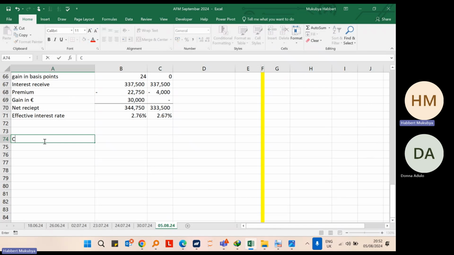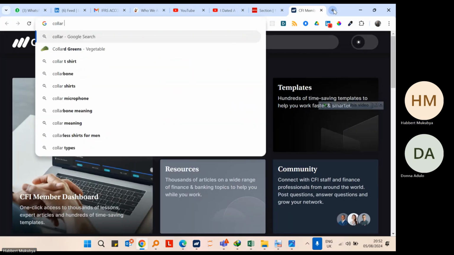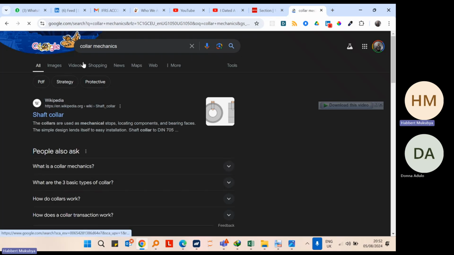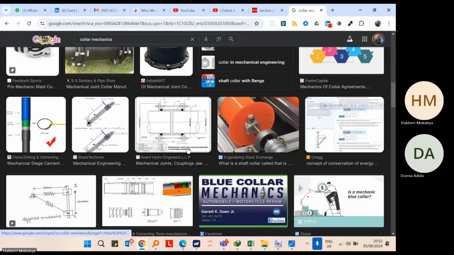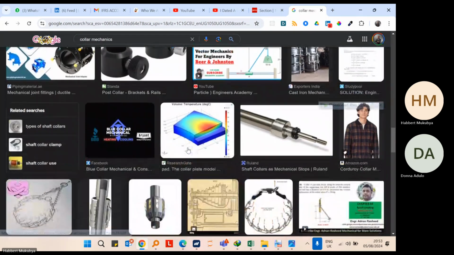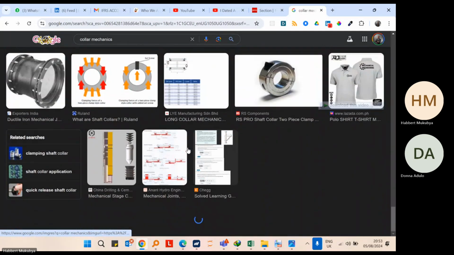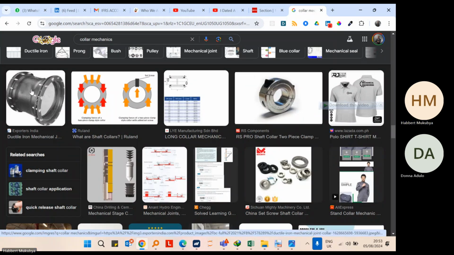Now, when it comes to the collars, I don't know if you know what a collar looks like. Let me see if I can find an image, a good one, just to illustrate. The collar looks sort of like this.